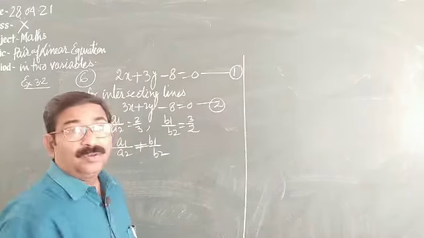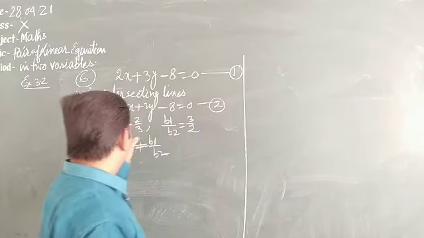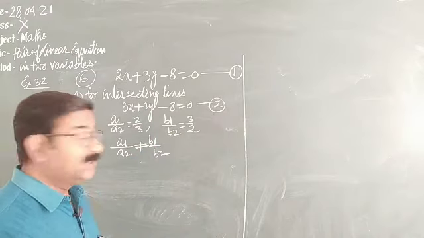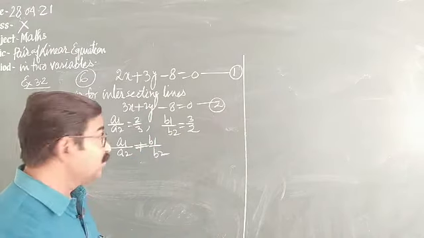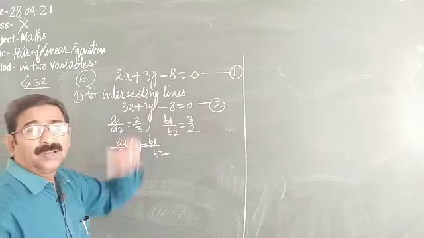Now, you know, for parallel lines, what happens? a1 upon a2 is equal to b1 upon b2, but not equal to c1 upon c2. So what we do? Just simply double or triple the coefficients.